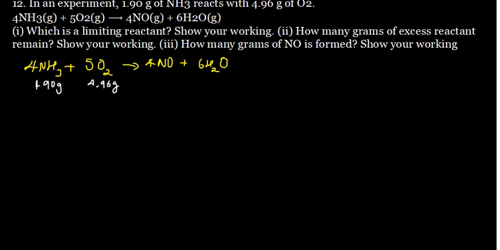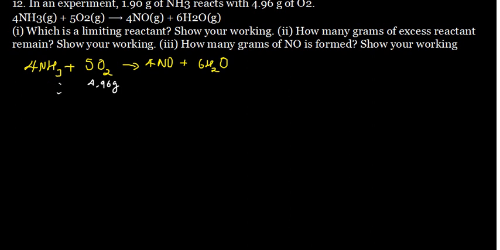Right. So there are several ways in which we are able to answer this question. Let me say I don't know the mass of this compound, ammonia, which is supposed to react with the oxygen. That is one way I can take.